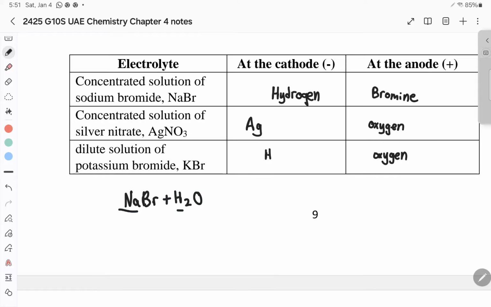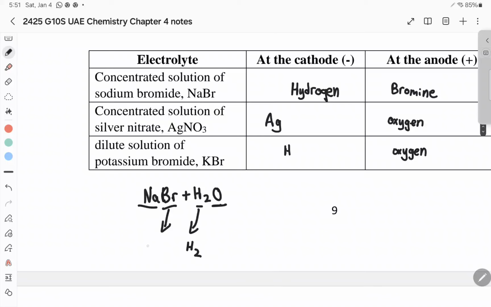Between Na and H, H is going to win and form hydrogen, H2 gas, at the cathode. This is H plus, by the way, we don't look at this as H2. And between Br and OH, because it's a concentrated solution, you're going to let the halide win. So Br is going to be more reactive and form bromine. So that's your two results, hydrogen and bromine.